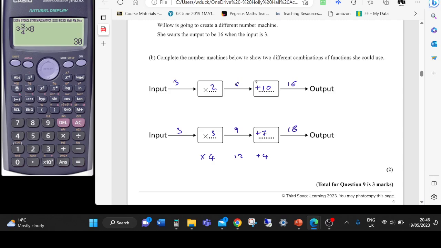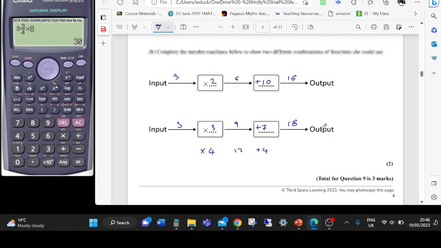I'll stop there. There are other options, but those are going to be the most likely ones.